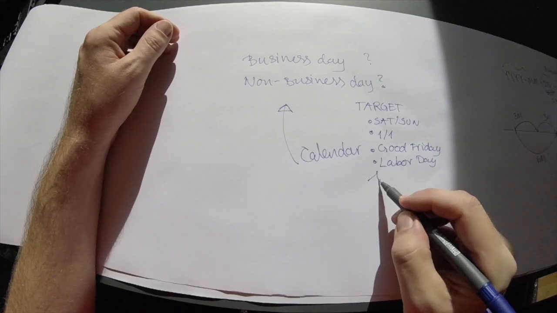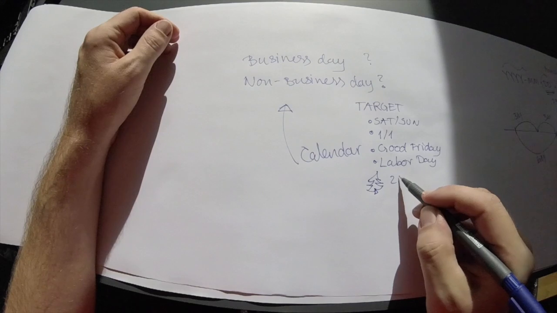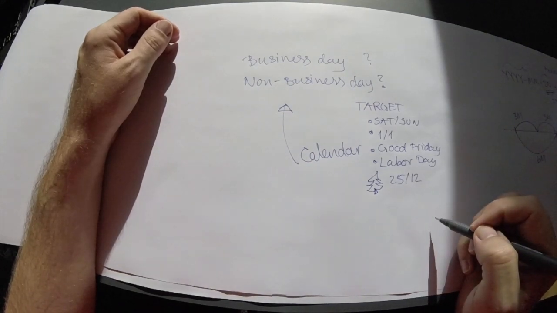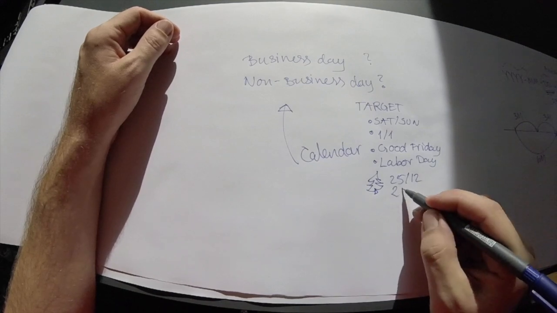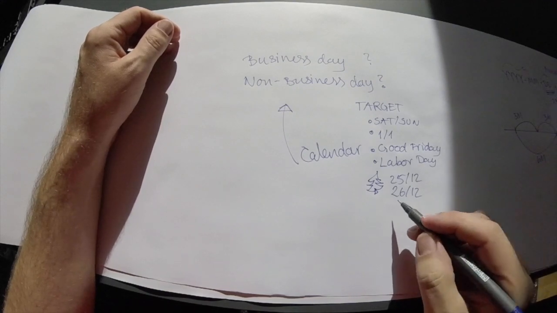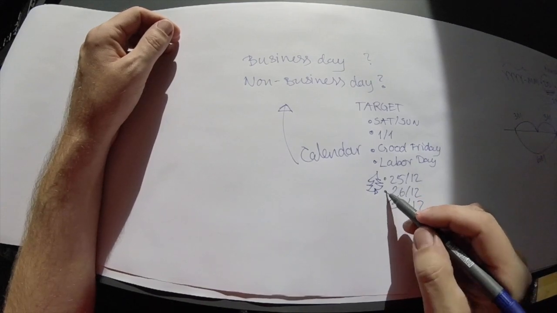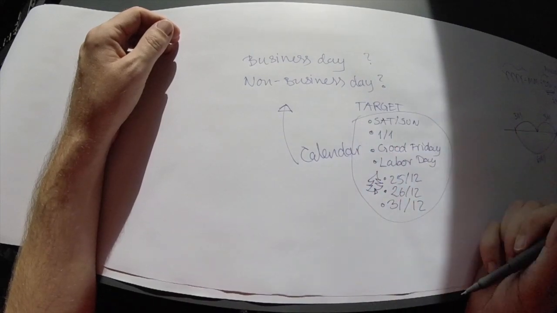Let's draw a little Christmas tree here. Christmas Day, which is the 25th of December. And in fact, we have what is called the Day of Goodwill. So that is the 26th of December as a non-business day. And finally, we have the last day of the year, the 31st of December. So in the TARGET calendar, that is a full description of all the non-business days.